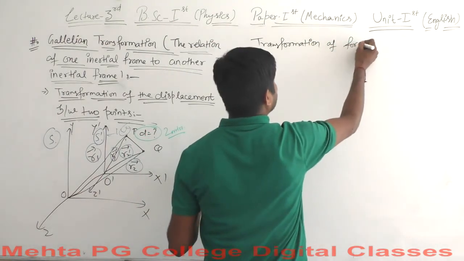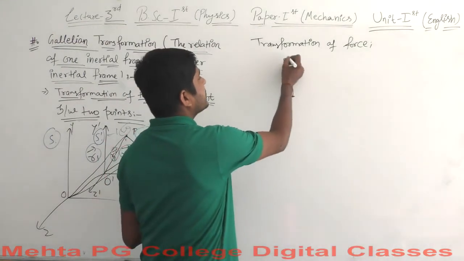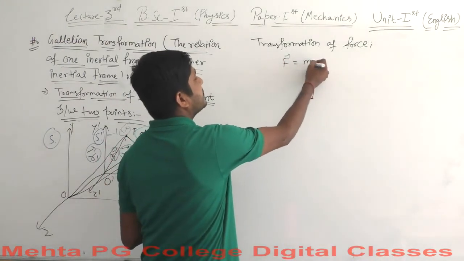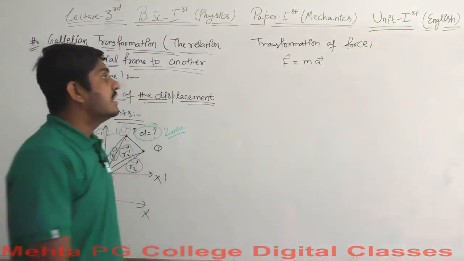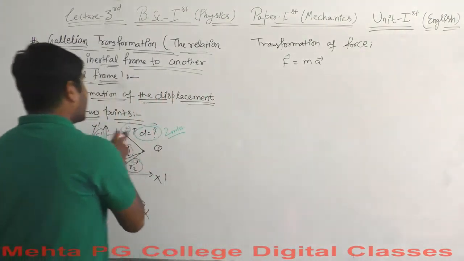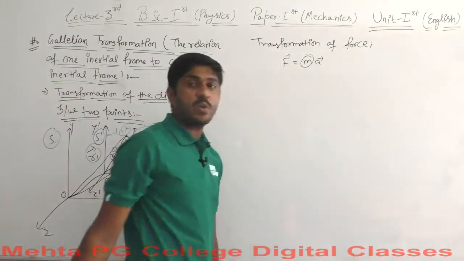The transformation of force. You remember that force is simply defined as mass into acceleration. This is the simple definition of force. And if any object at P has any mass m, you remember that mass is a constant quantity.